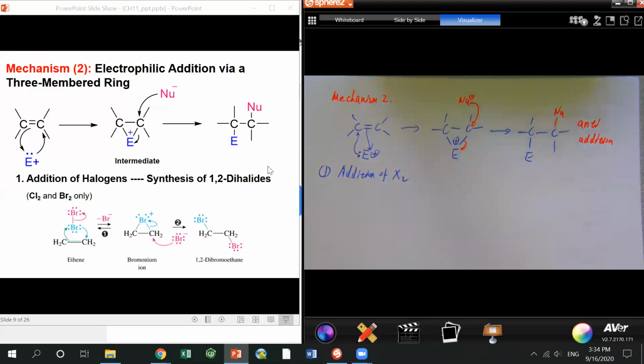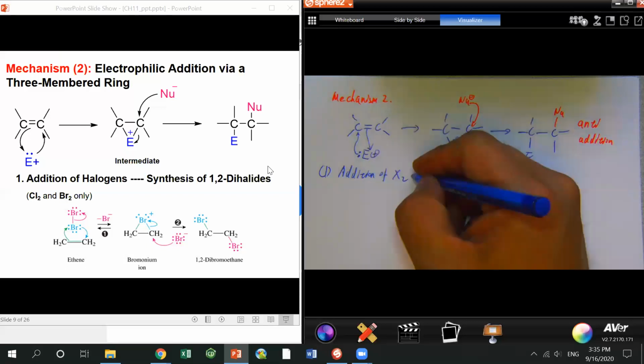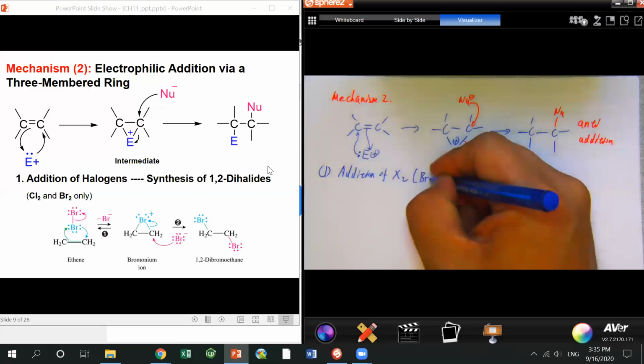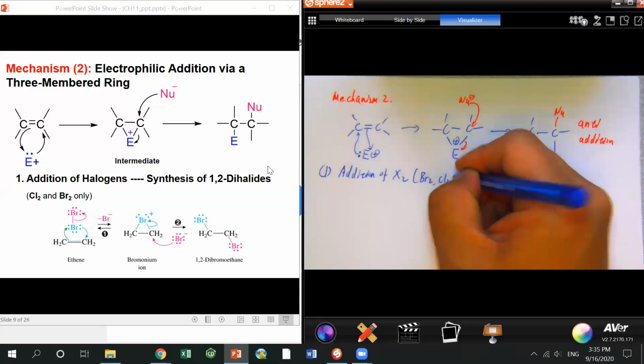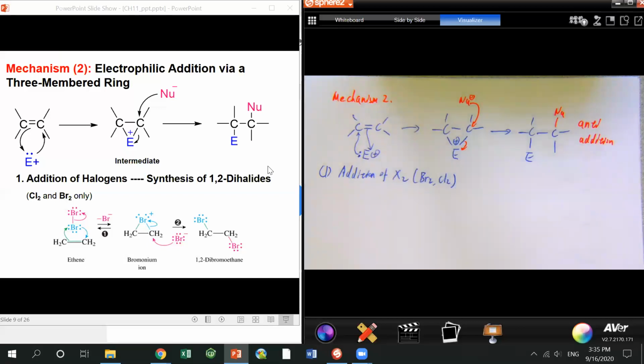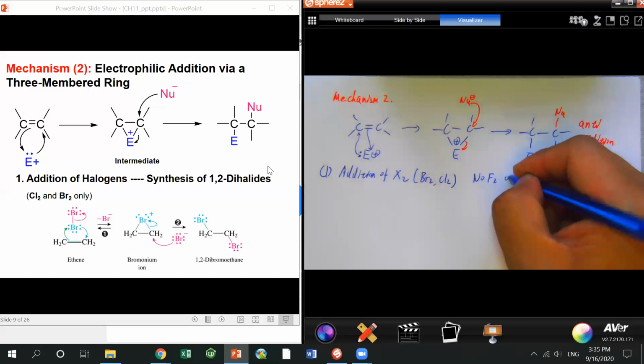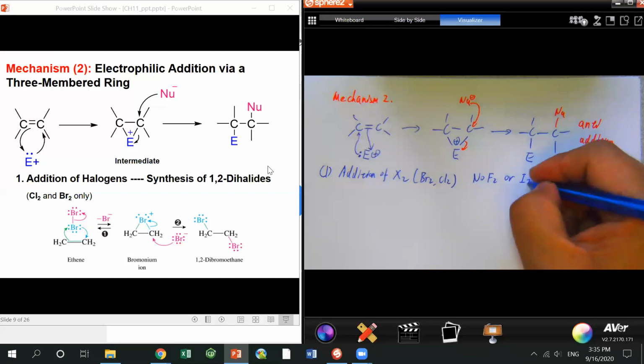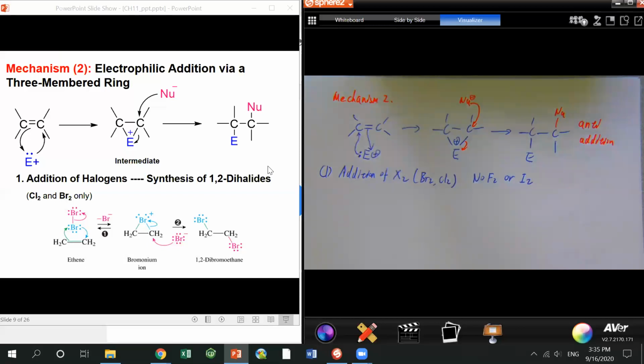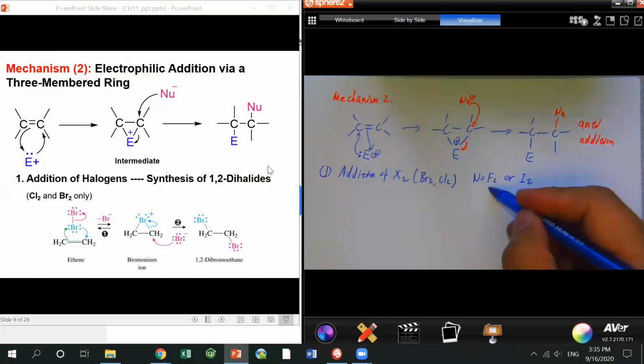Just keep in mind, this halogen has to be bromine or chlorine, so no fluorine or iodine. The reason is that fluorine is too reactive.